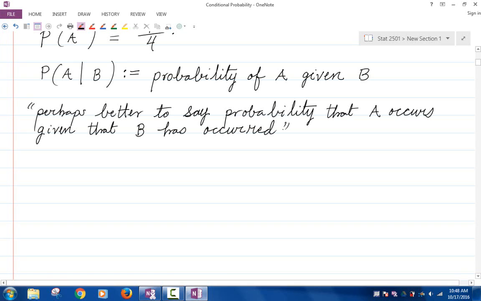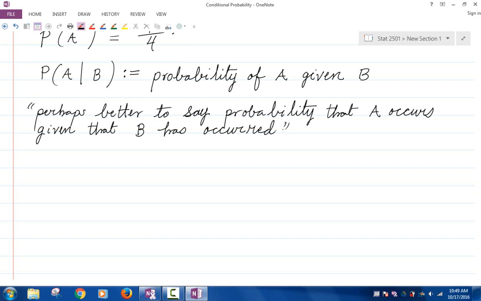So what should be the probability of A given B? Well, if you think about it, let's say you tossed the coin twice, and then you are telling me that at least one of them was a head. And now I want to answer what's the probability that I have 2 heads.